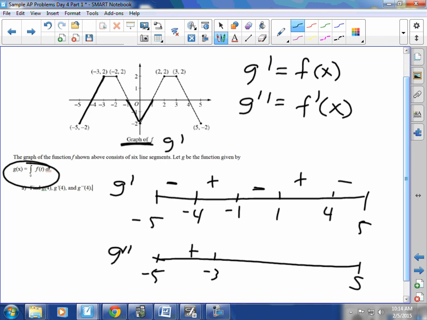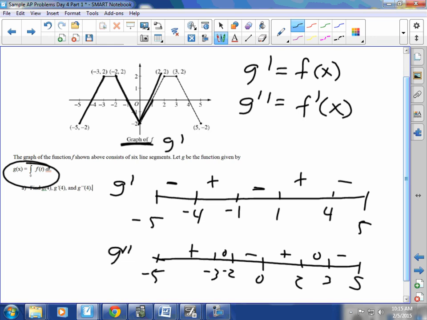Then from -3 to -2, the slope is actually 0. From -2 until I get to 0, the slope of g prime is negative. Then the slope goes back to positive, and the slope goes back to 0, and finally the slope goes back to negative.